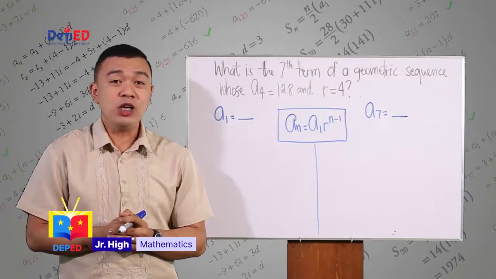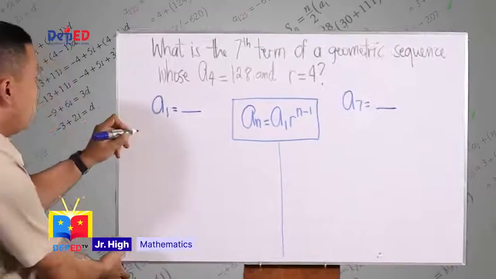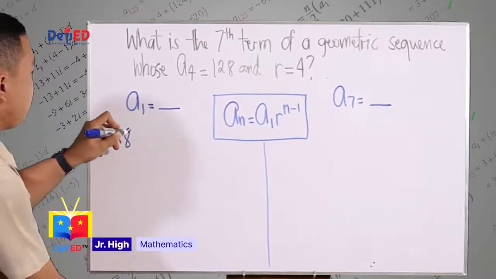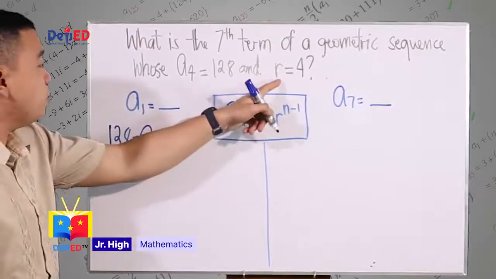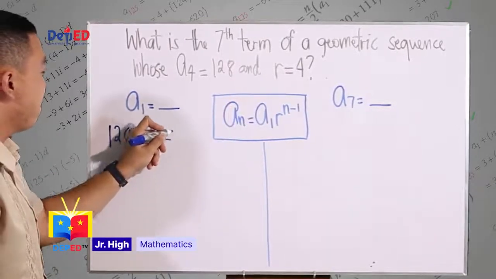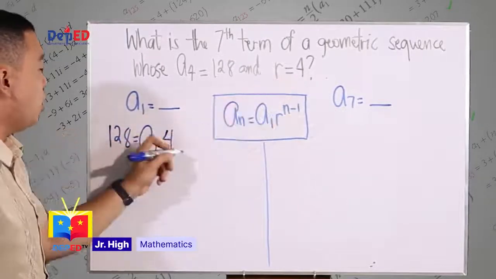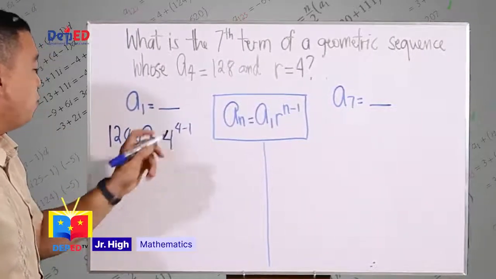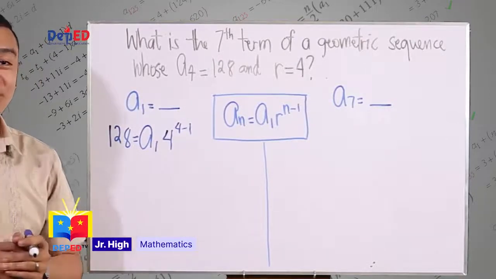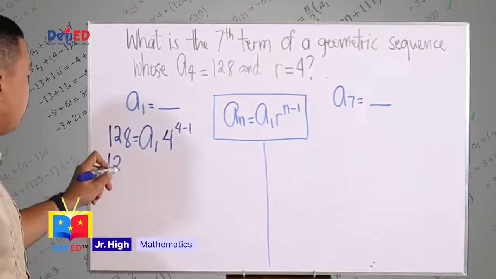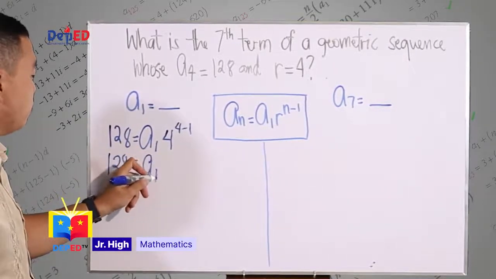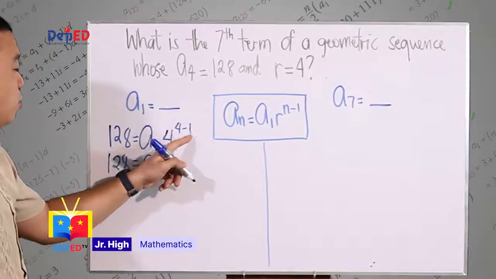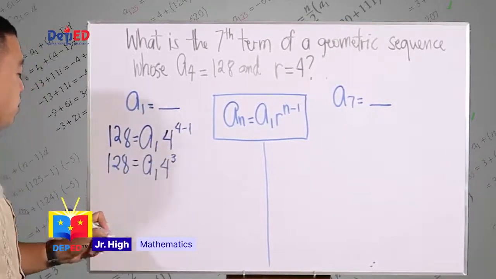A sub n is equal to a sub 1 times r raised to n minus 1. We will have 128 is equal to a sub 1 times the ratio, which is 4, raised to n, which is also 4, minus 1. Then we have 128 is equal to a sub 1 times 4, and 4 minus 1 will give us 3.